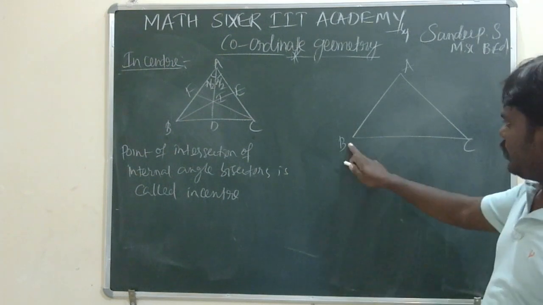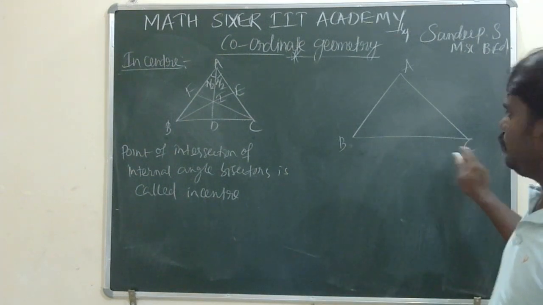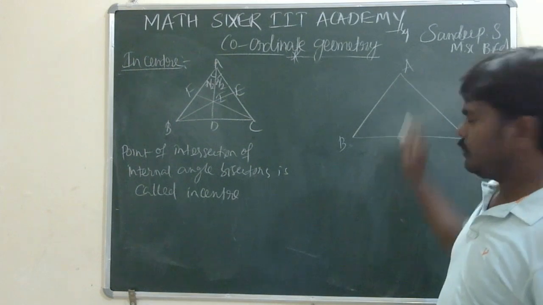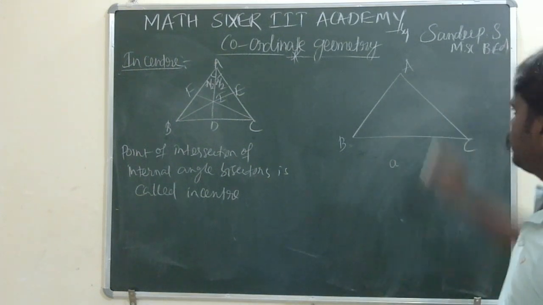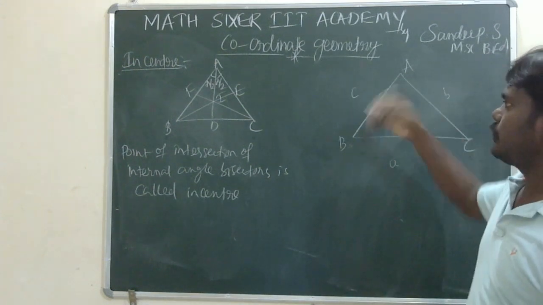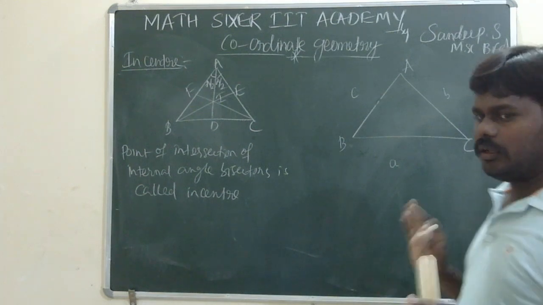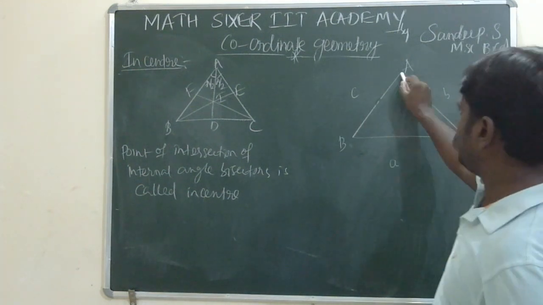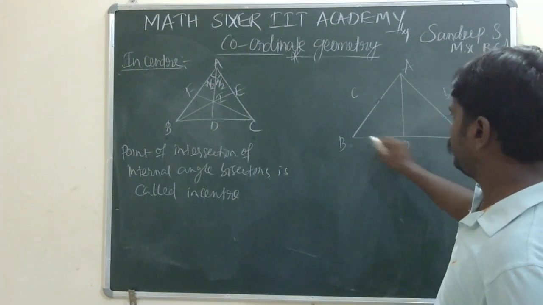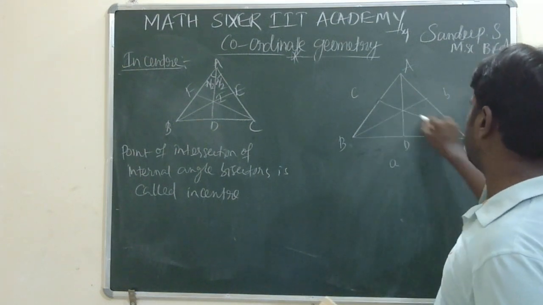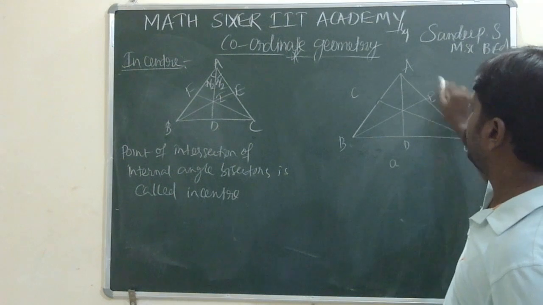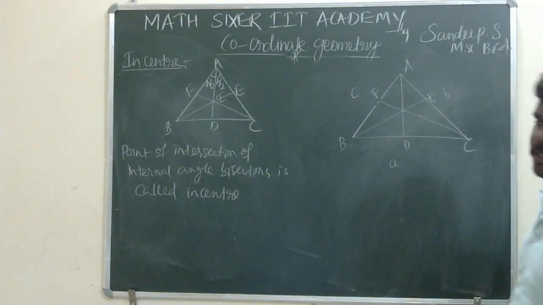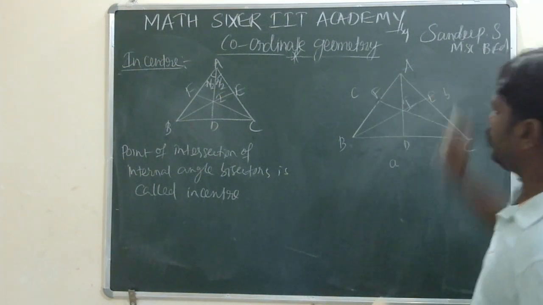The length of side BC, which is opposite to vertex A, we denote as a, and similarly b and c, the same for all triangles all the time. Now we bisect the internal angles, and these internal angle bisectors intersect at one point that we take as I.